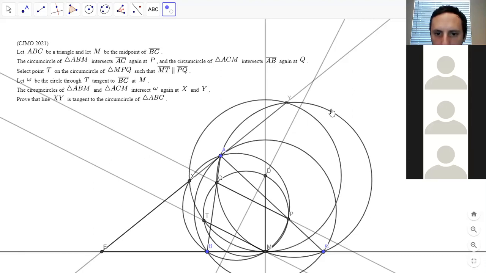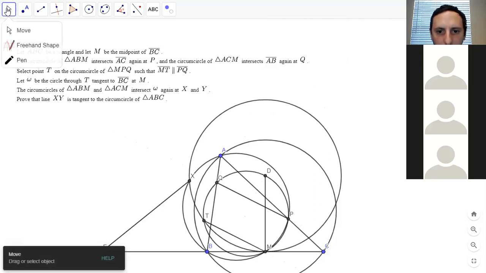We want this circle, but we don't really need this circle. And we don't really need point Q anymore, right? Actually, we used it to construct the circle. Let's see.